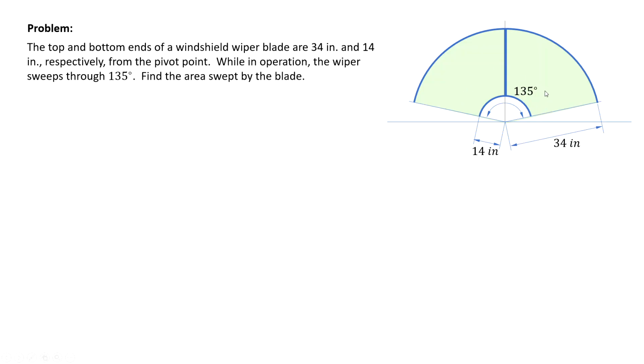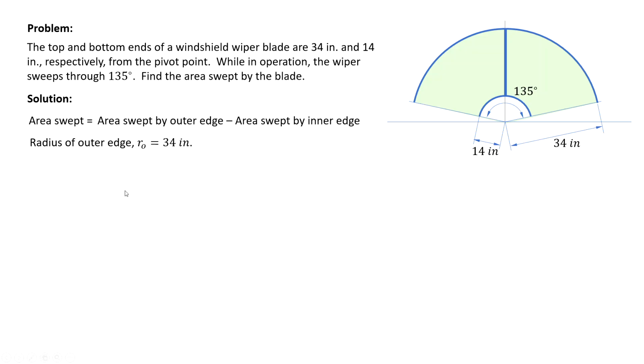Yeah, in both cases theta is 135 degrees, but theta should be in radians. Okay, we'll keep that in mind. We'll convert that degree to radian. Do we know r? Yeah, this outer radius is 34 inches, so we are in business. That's the whole idea. Area swept is area swept by outer edge minus area swept by inner edge.